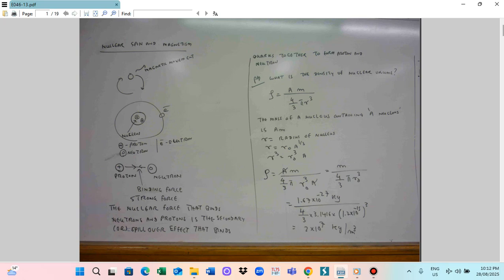Here A is the number of nucleons, and m is the mass of a nucleon. The mass of a nucleus containing A nucleons. Nucleon means the particles in the nucleus, the protons and neutrons together.